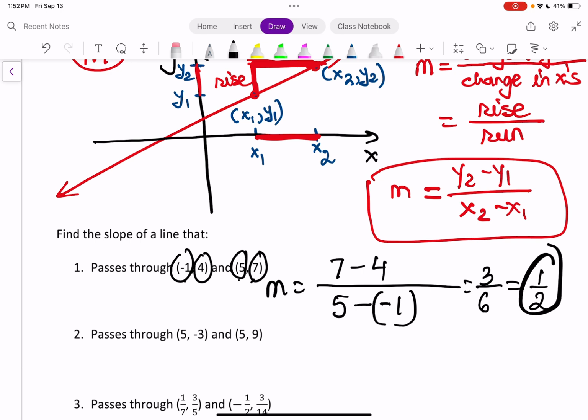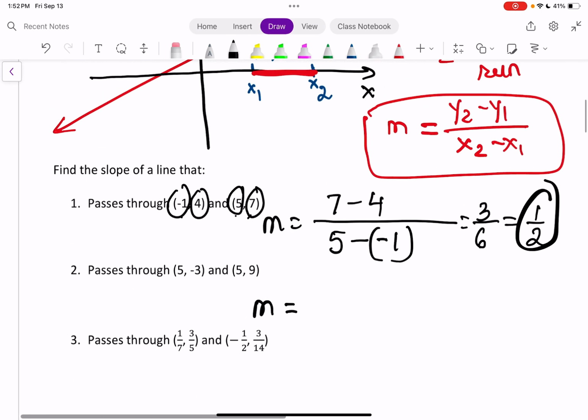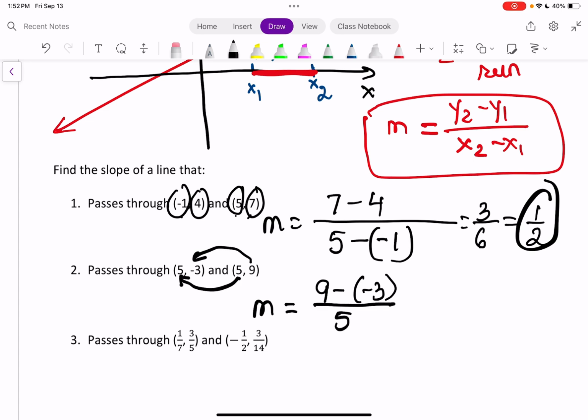Okay. Here it is. The line passes through (5, -3) and (5, 9). So I'm going to subtract the y coordinates. So 9 minus -3, over 5 minus 5, and this one's a funny one because it ends up with a 0 in the denominator. And what did we say about division by 0?